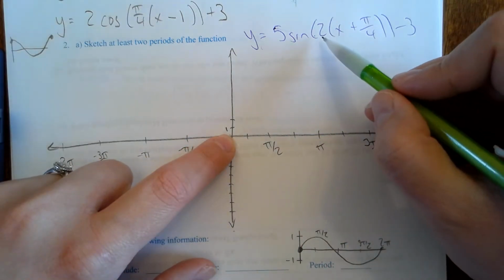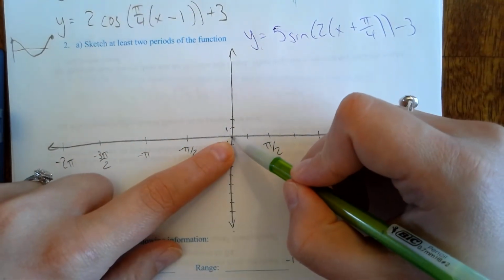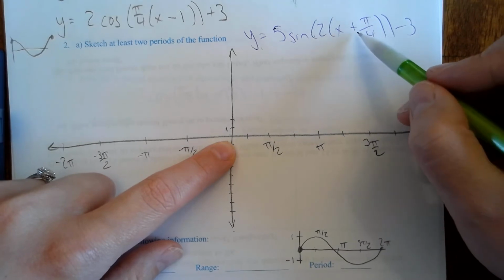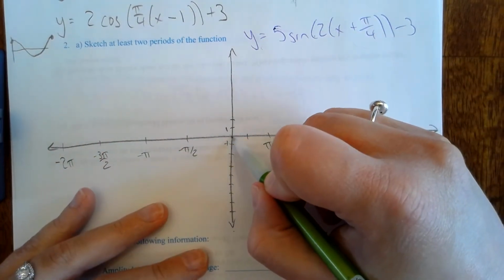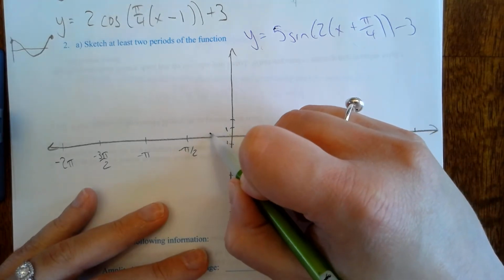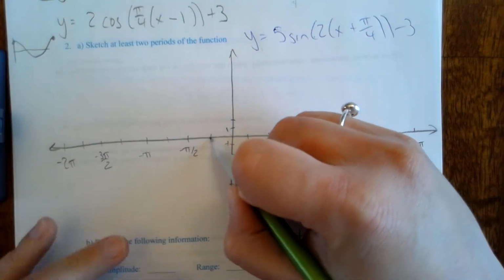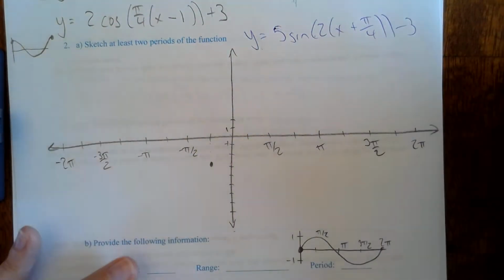This thing is going to be stretched horizontally, but again, it's 0, so regardless of that stretch, it's still 0. It's going to be moved to the left pi by 4. So instead of being at 0, it's going to be left pi by 4, and I forgot to put little ticks in. And then it's going to go down 3. So 1, 2, 3. There is my first point.